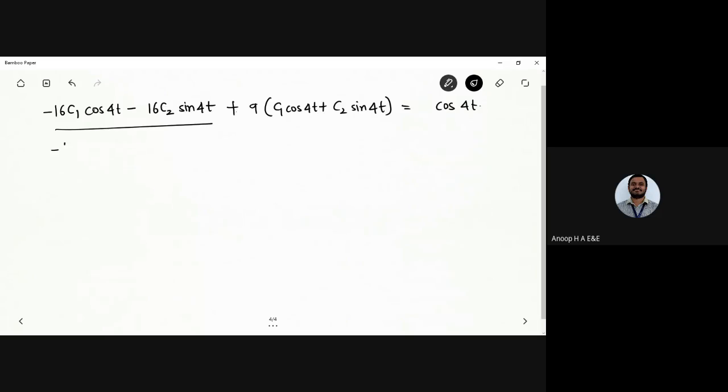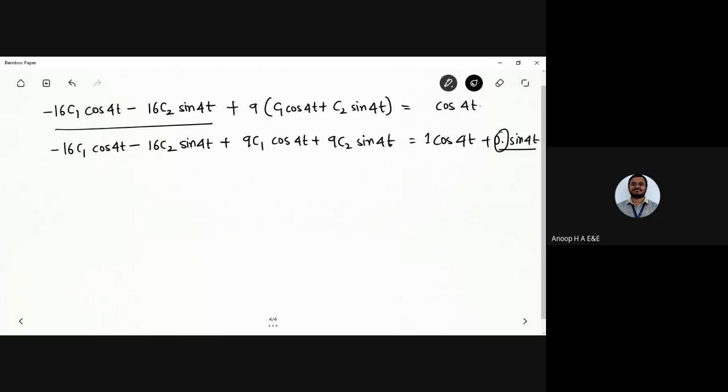So now I have minus 16c1 cos 4t minus 16c2 sin 4t plus 9c1 cos 4t plus 9c2 sin 4t, equal to cos 4t plus 0 into sin 4t. I write 0 into sin 4t because when I'm equating the coefficients of both cos 4t and sin 4t, I can equate the second one to 0.